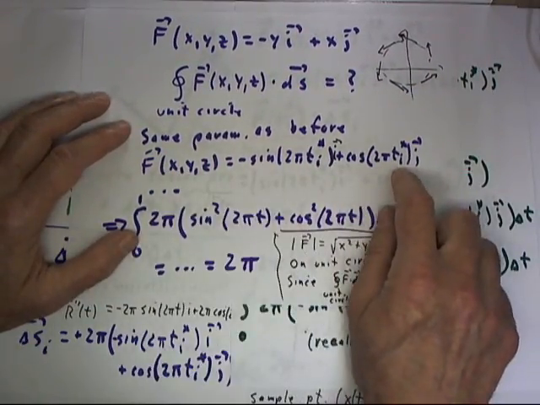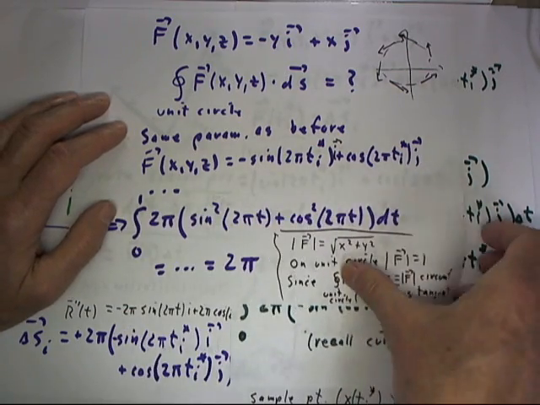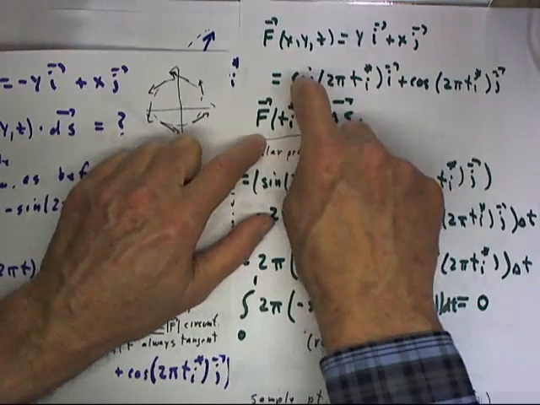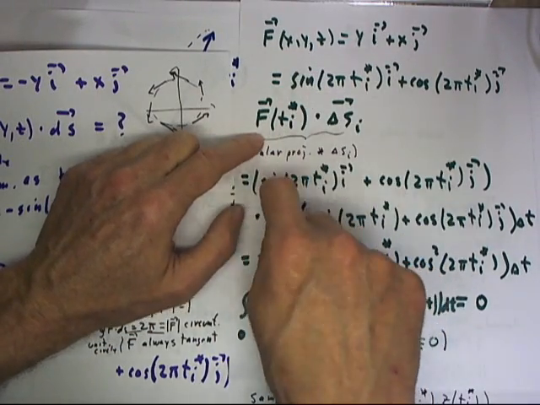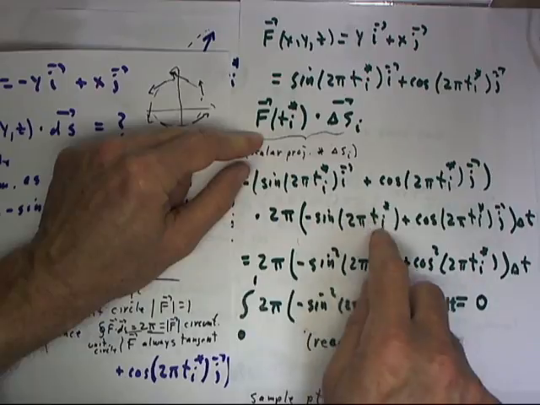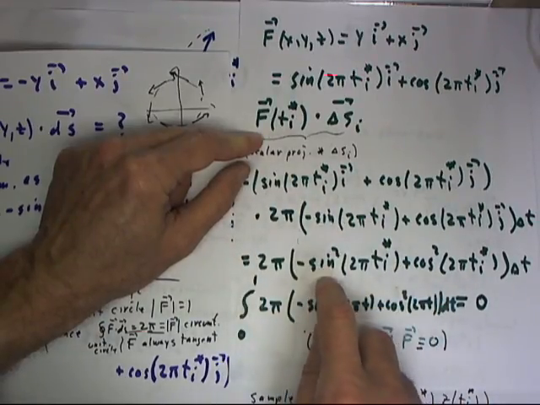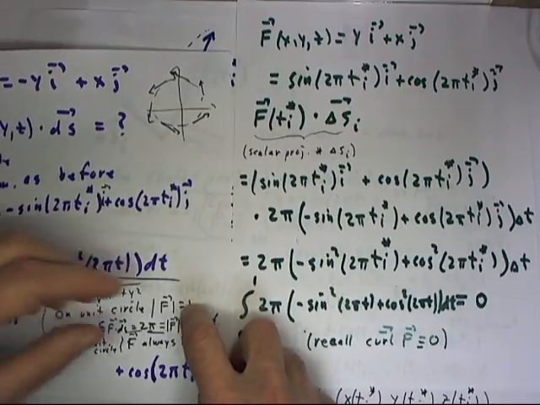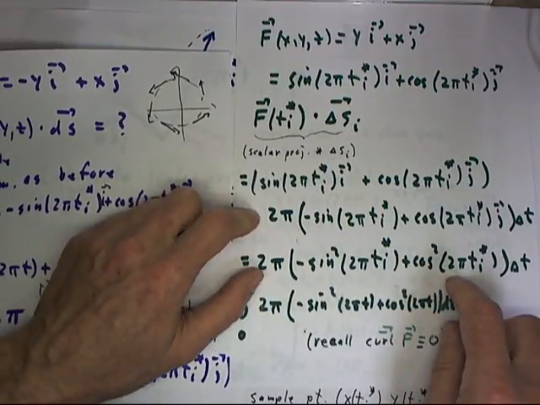So, integrating this, if we follow all the same steps that we did here, the only difference is that this sign here is negative, which makes this negative, so that when we do this dot product, we get a positive sine squared. Having done that, a positive sine squared plus a cosine squared is just 1.